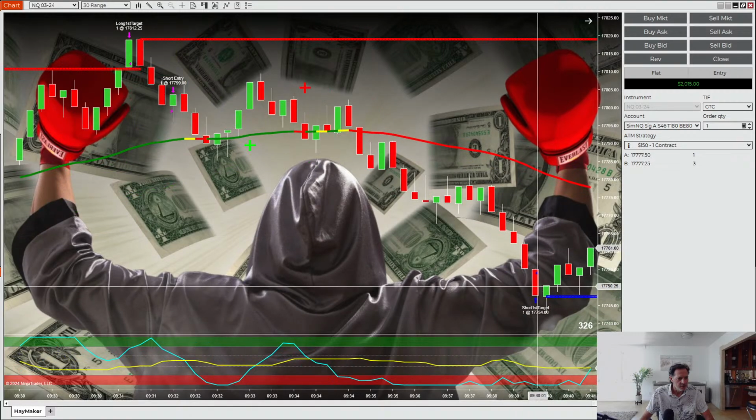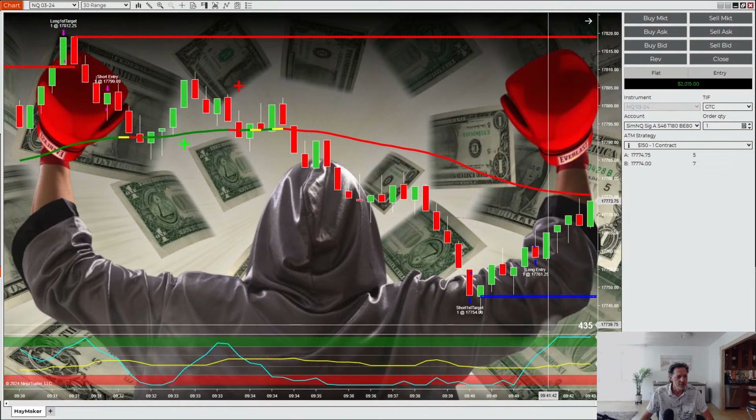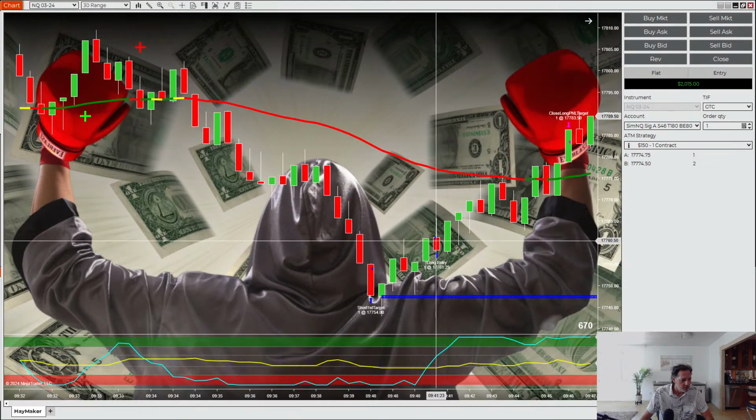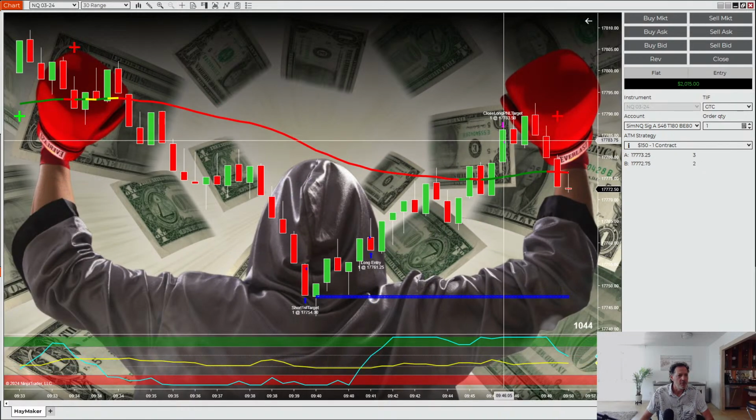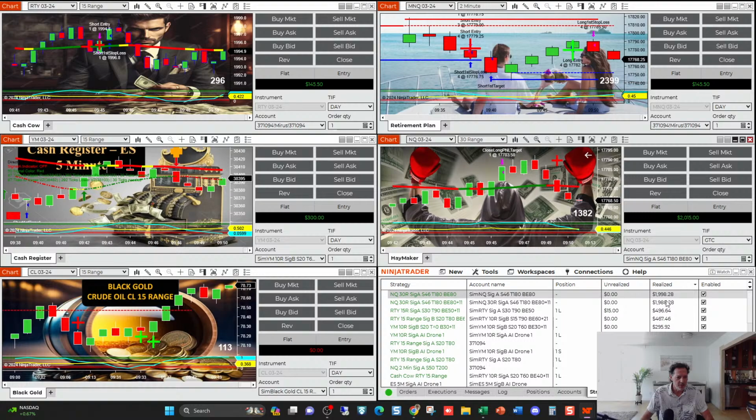It made that target right here. Short first target. It took this long entry coming off this Laguerre pop, and closed at profit loss, $2,000. Man, always chasing it. So I have that one set up on my account too, and I think I chickened out. I might have moved the targets.